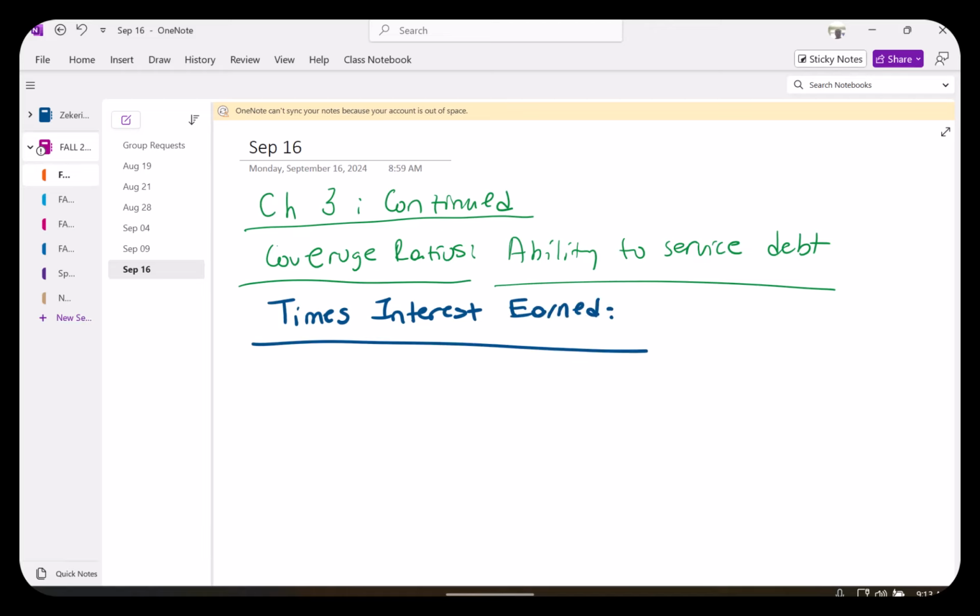One of them is times interest earned ratio, or if you like, we can abbreviate that as TIE.